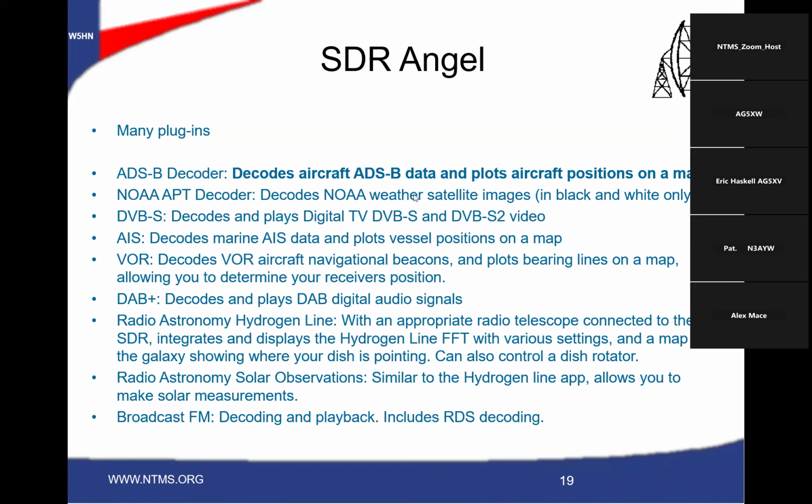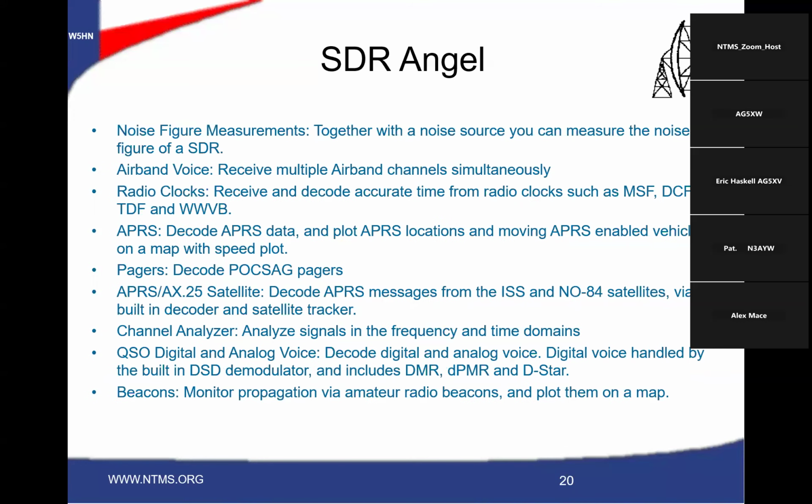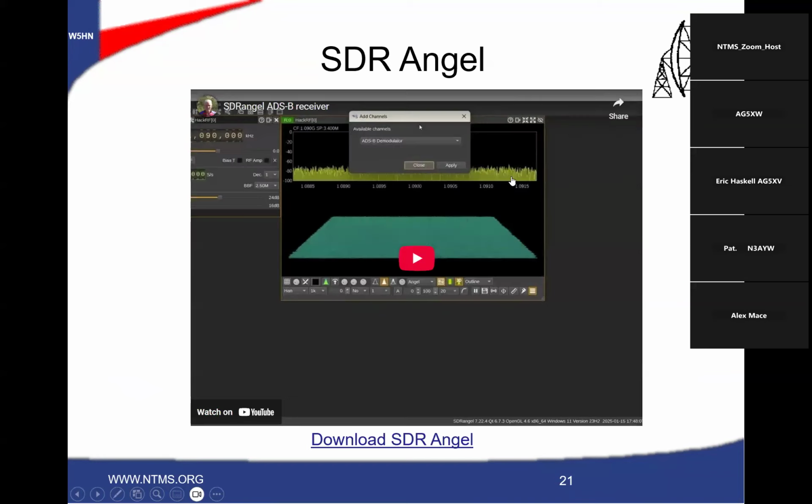Keep in mind that these are internal antennas, so I really think that if you were going to get serious about some of this, you would have to have external antennas. Of course, you couldn't do the hydrogen line work from an indoor antenna for sure. So go down here and find, there's some more that it does, decoding APRS. And here's my demo.